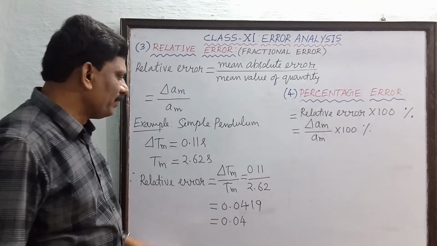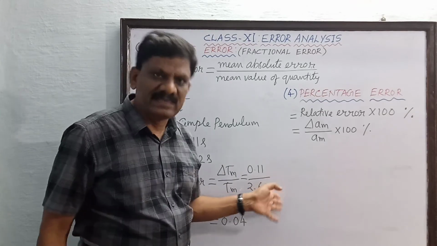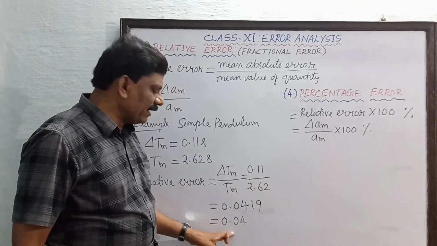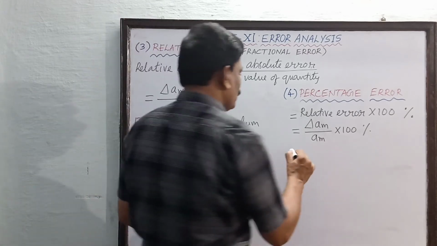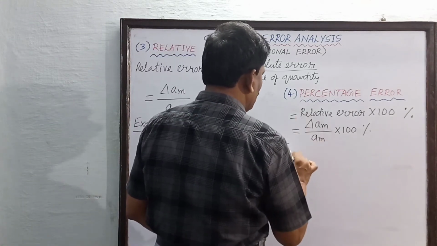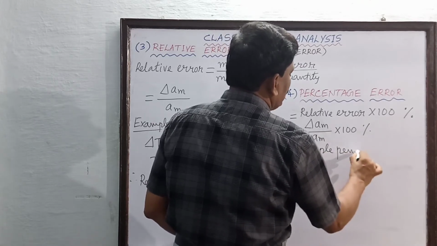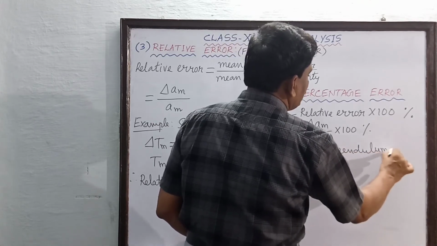Now in the case of a simple pendulum, which we have taken as an example for our understanding, the relative error we calculated is 0.04.